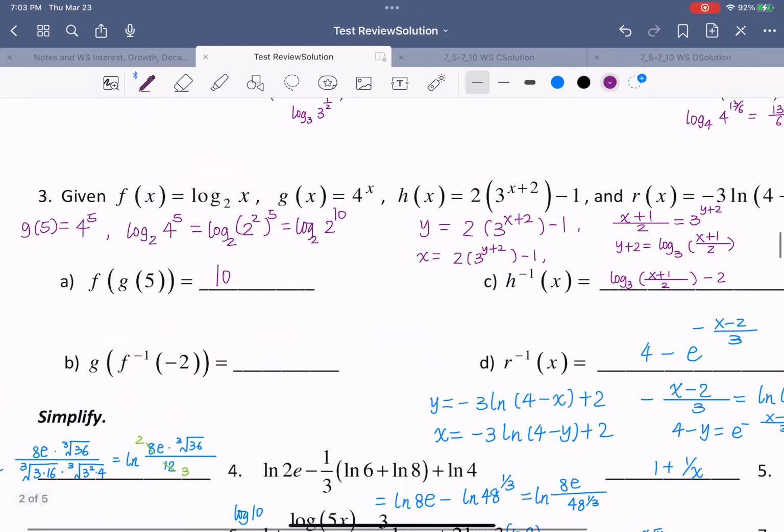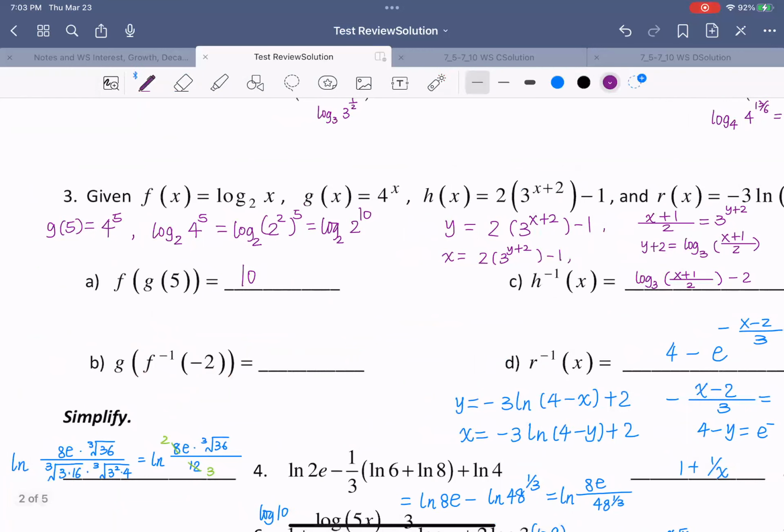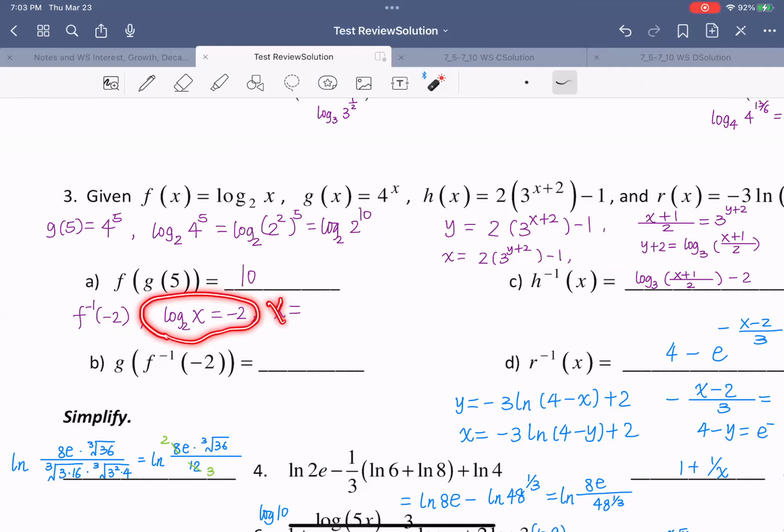It's the same meaning. So when you see F inverse, basically you are looking for F, but you make the f(x) output equal to -2. And then you'll solve your x. X will be this one, you solve x. X is how much?